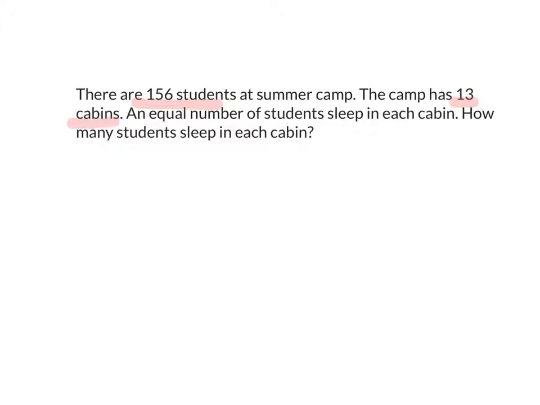So essentially what I'm thinking is, how many groups of 13 can I make? Because each student has to go into one of those 13 cabins. So I need to set up my problem. I know that my divisor is going to be 13 and my dividend is going to be 156.